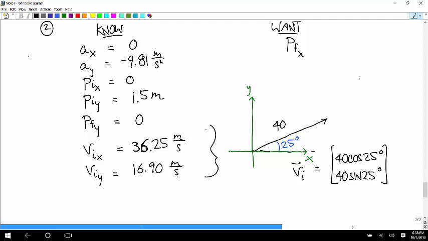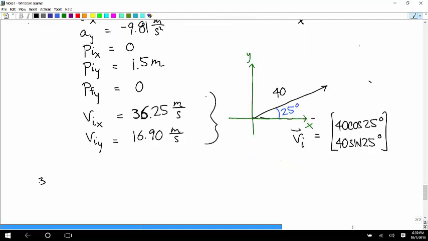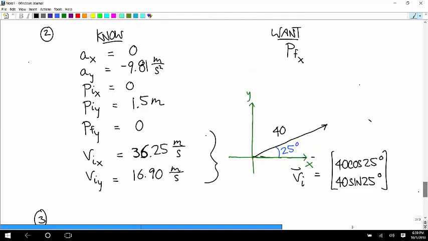Okay, so this is the final list of what we know and what we want. So now step 3, we're looking for an equation that has pfx in it and everything else in the equation is known.